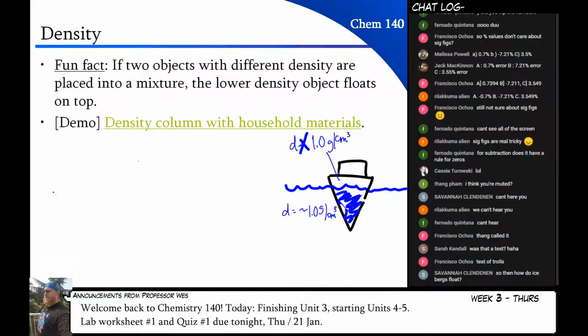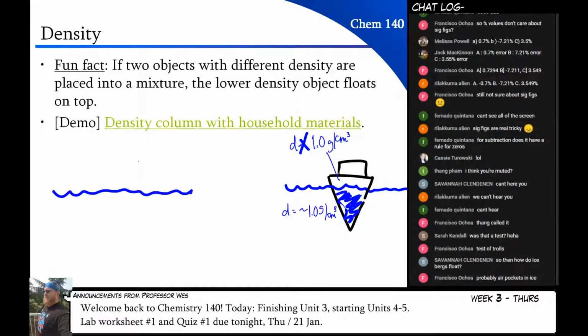How do icebergs float? Okay, well, here's our water. And here's our ice, so here's our glacier. How do icebergs float? What's the density of ice? And what's the density of water?